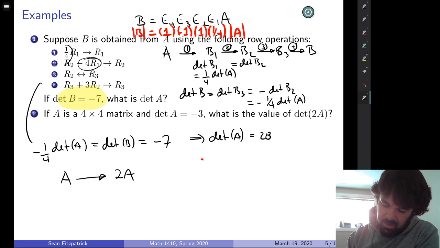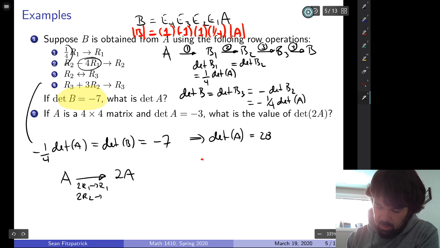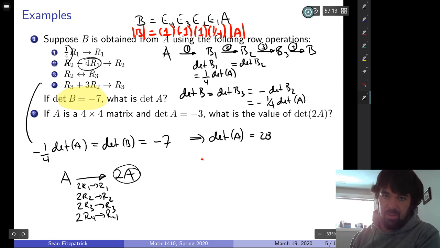You'd have to do 2 row 1 to row 1, 2 row 2 to row 2, 2 row 3 to row 3, and 2 row 4 to row 4. When you multiply a matrix by a scalar, every entry gets multiplied by that scalar, so every row is multiplied by the same scalar.